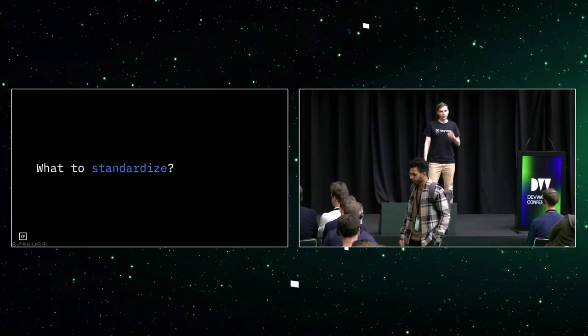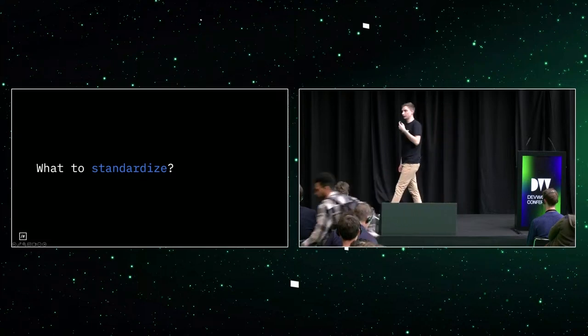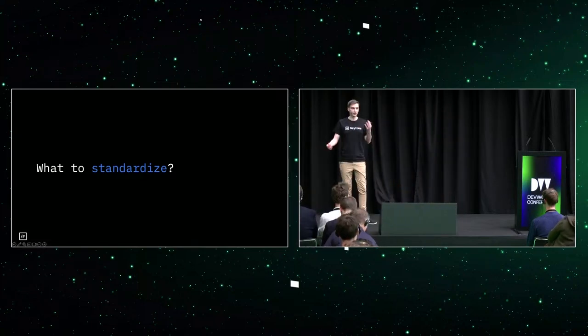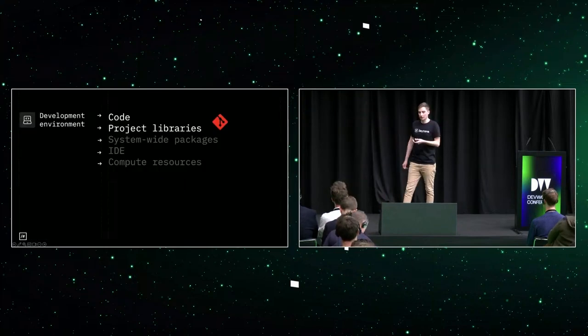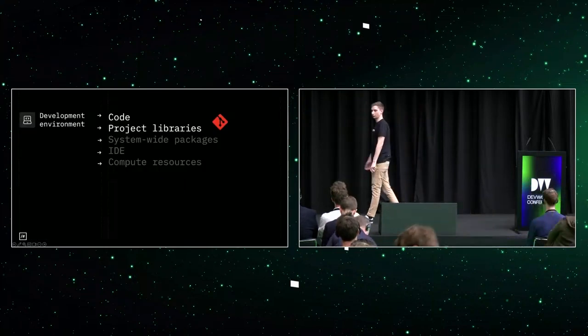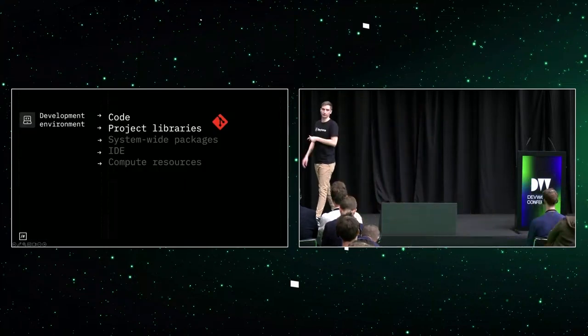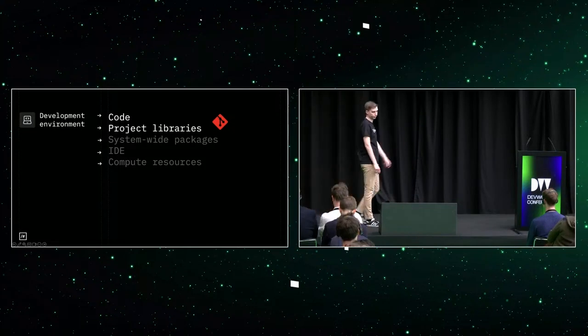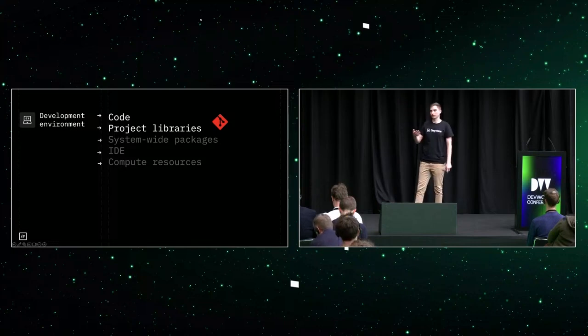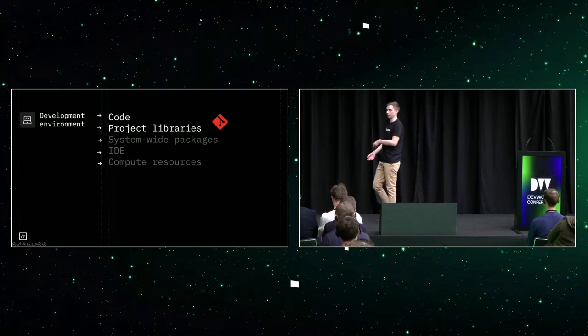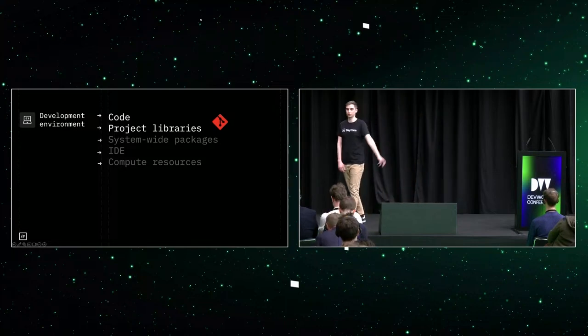The question now stands as to what even needs to be standardized, because some things already are. So I'll assume that your code and your project libraries are already covered. Your code is standardized inside a Git provider, for example, GitHub, GitLab, whatever. Then you have project libraries that are handled by the package manager for the language you're using.